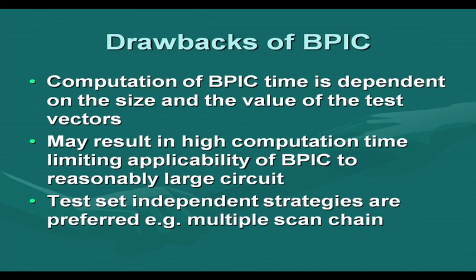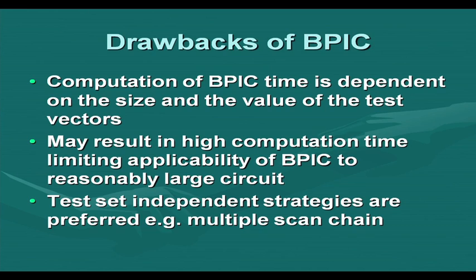So, B peak has some drawbacks as well, like computation of B peak time is dependent on the size and value of the test vectors. So, the best primary input change. So, when this will be done, as I have said, there is no straightforward way to tell it. It is very much circuit dependent and of course pattern dependent as well.